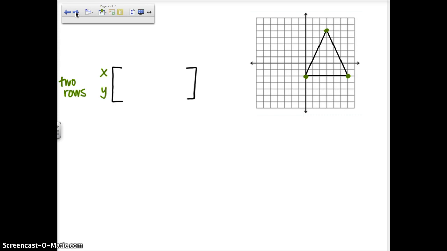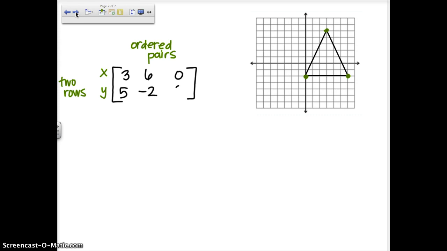The number of columns is determined by the number of ordered pairs that make up your object, or make up the vertices of your shape. For example, here we would have 3, right? The first ordered pair here would be 3, 5 for that top point. The second ordered pair would be 6, negative 2.